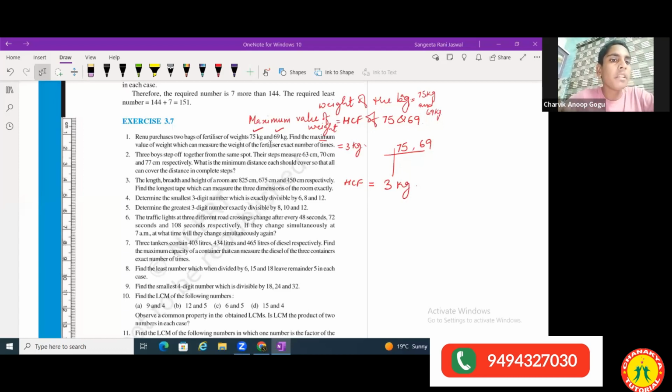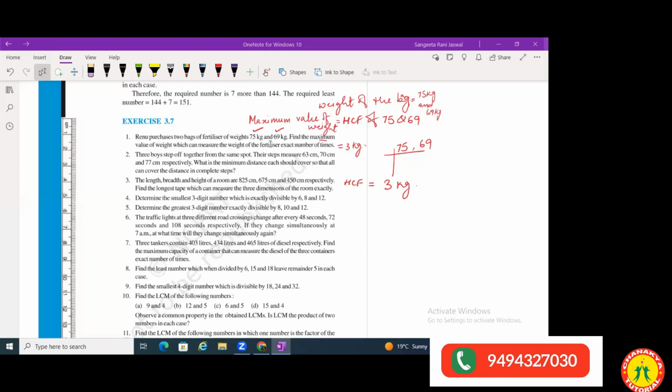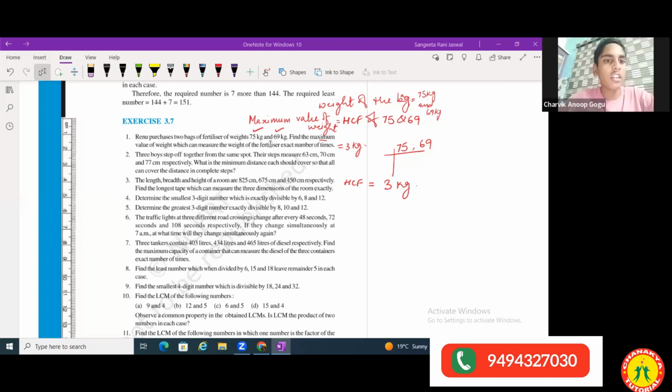What will be the minimum distance where the three boys will take? The statement is not a question. You have to tell me the statement. In the statement, you will never write what.